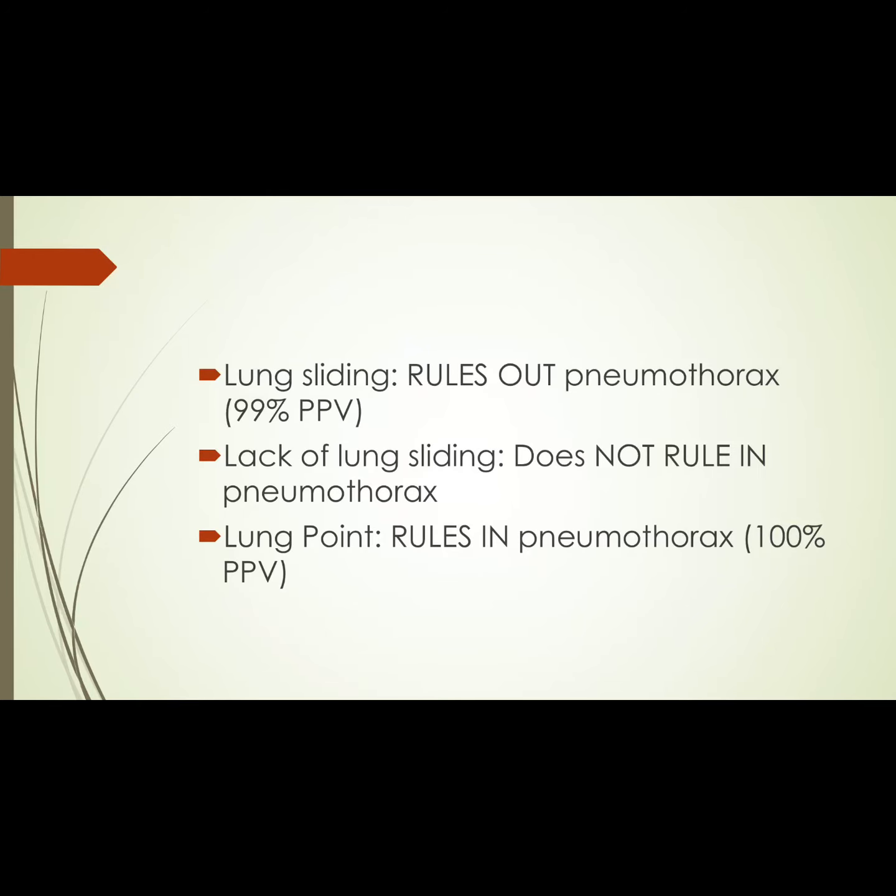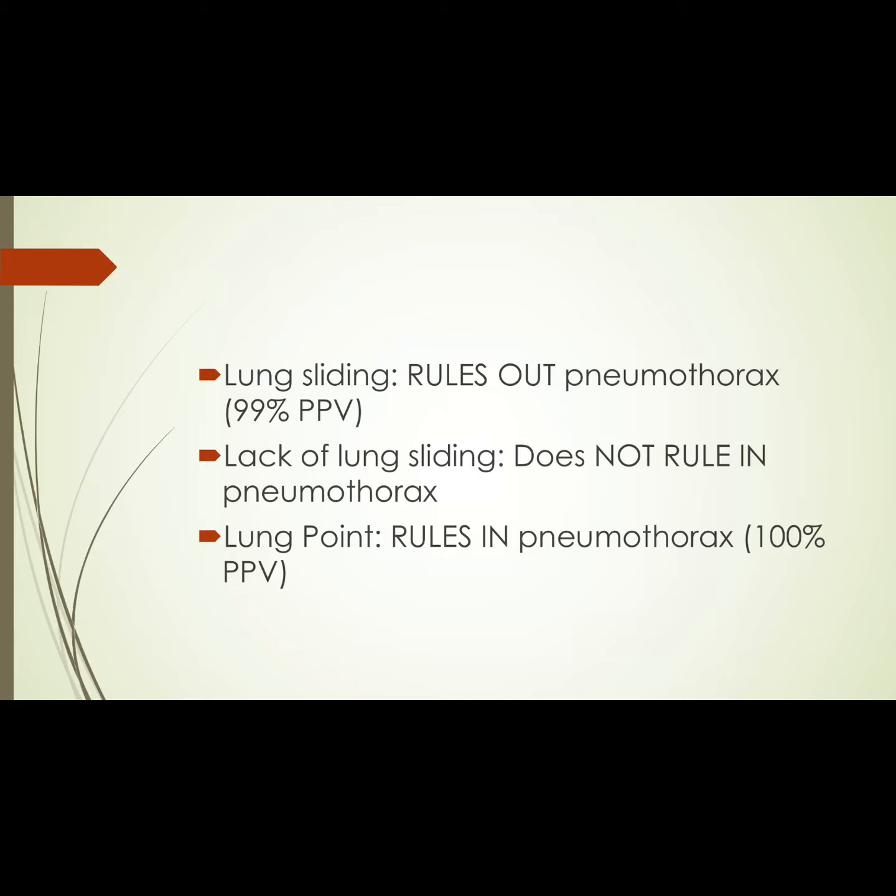So in closing, just to review, if you see lung sliding, it will rule out pneumothorax, 99% positive predictive value. Lack of lung sliding doesn't necessarily mean it's a pneumothorax. Like I mentioned before, there's other things that can be causing it.